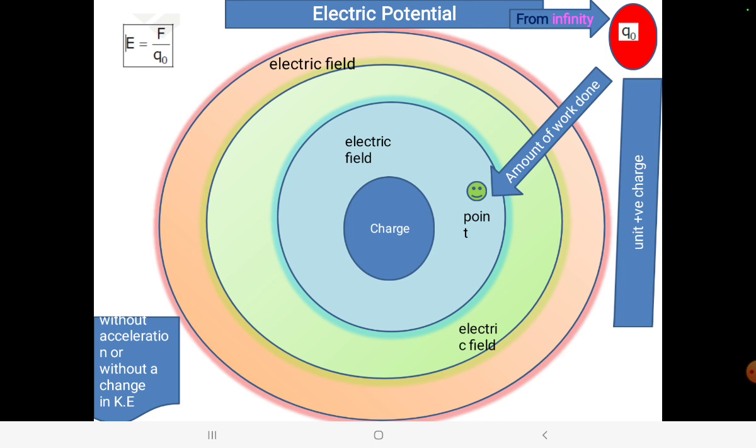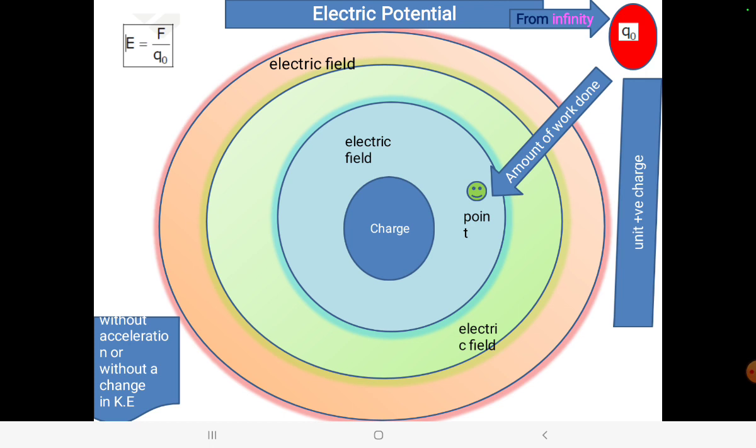Next, this is a major thing, one important basic point at the starting position of your lesson. So, electrical potential.